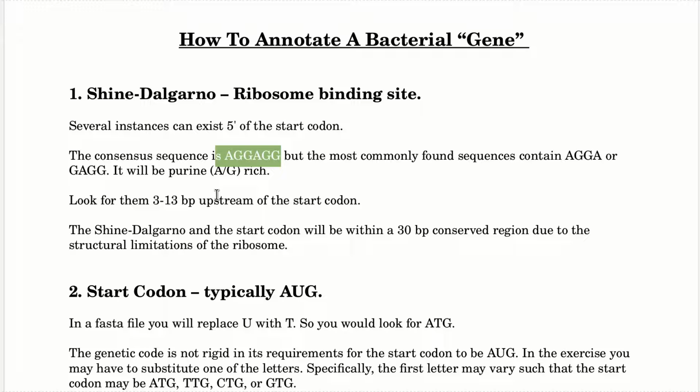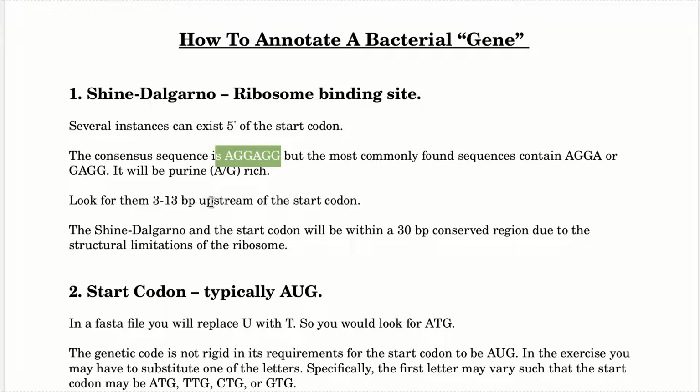You just have to know kind of the region where the gene starts and start looking for a bunch of A's and G's, and then look to see if, within 20 base pairs up front here, or go 30, you find an AUG. And if you do, you found it.